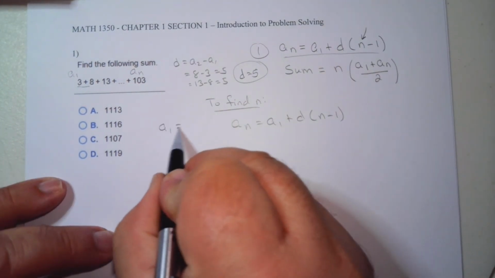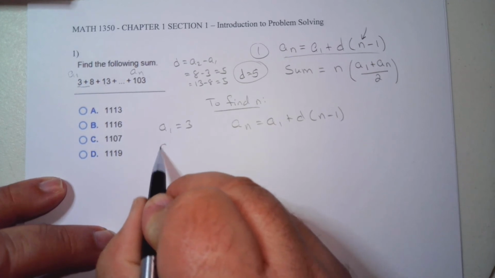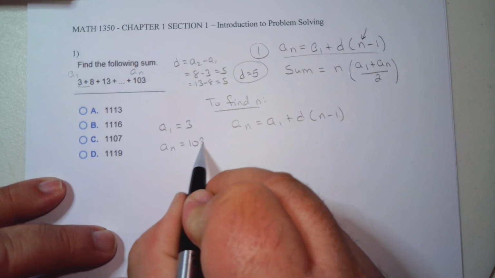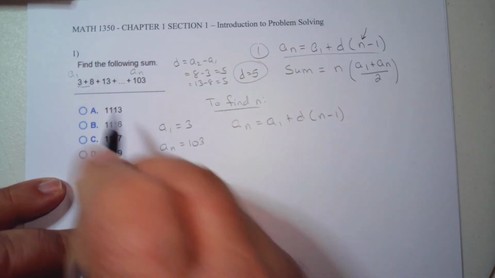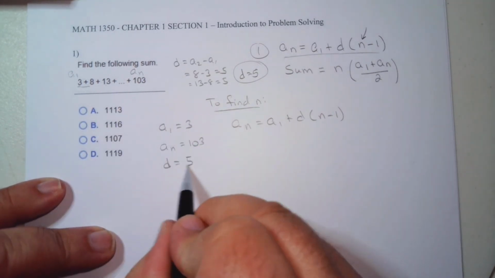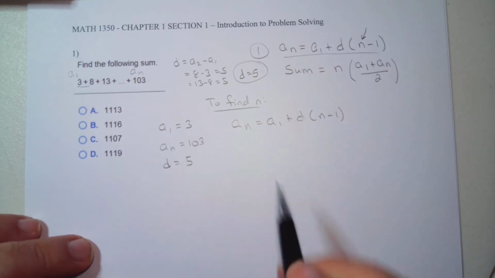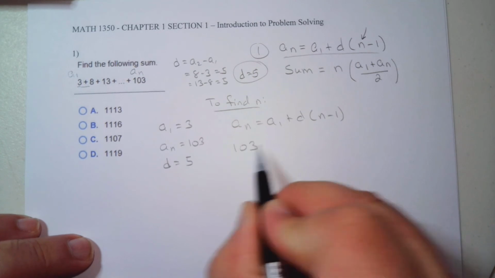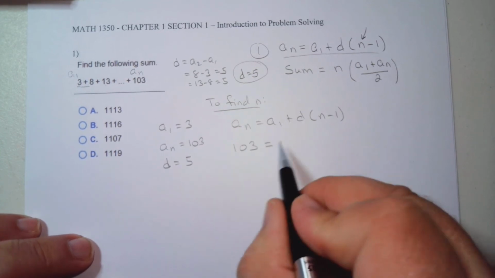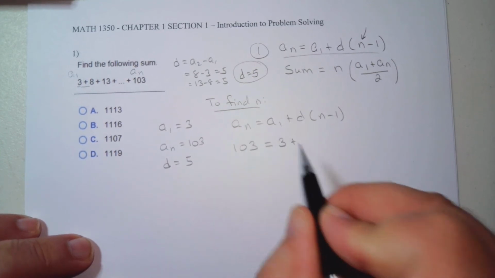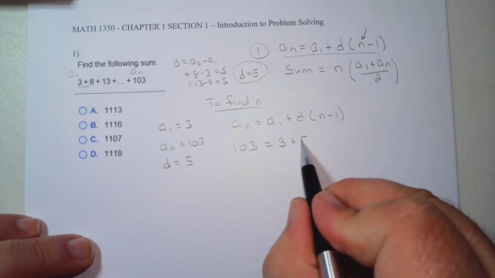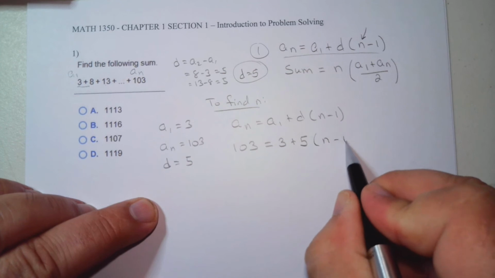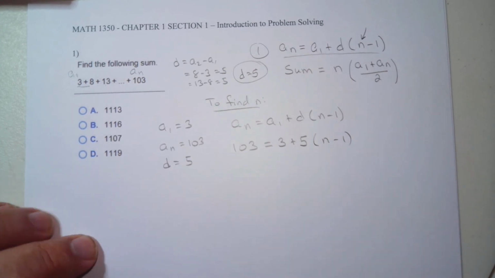So A1 is 3. AN is the last number, 103. Our difference between each of these numbers is 5. Let's plug those in. So AN is 103. A1 is 3. D is 5. N minus 1. The only thing we don't know is N.